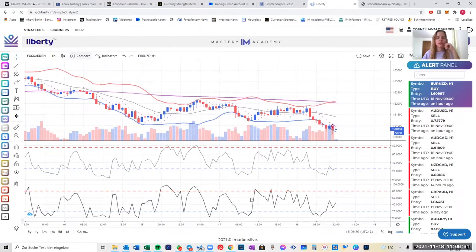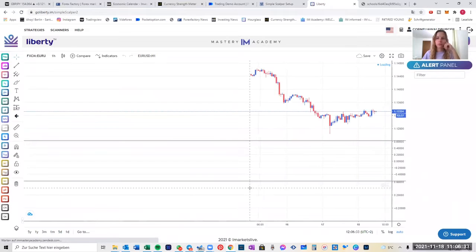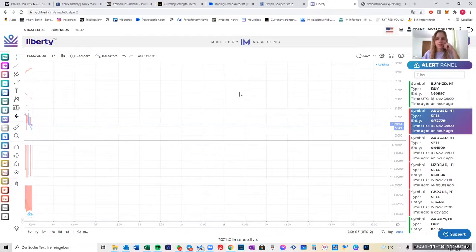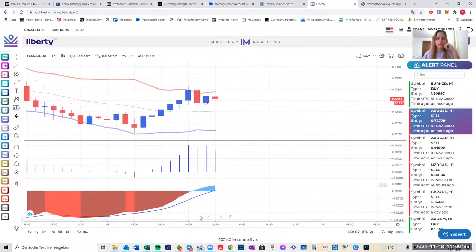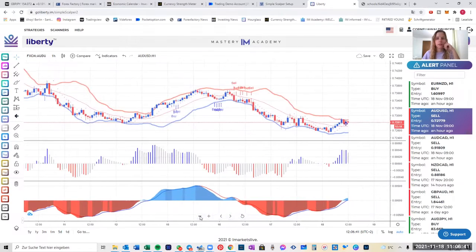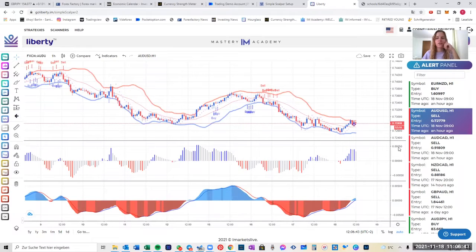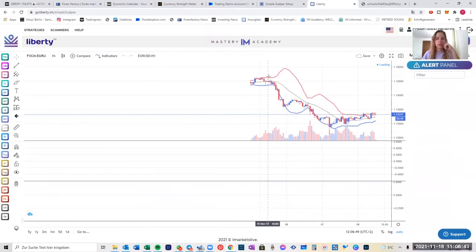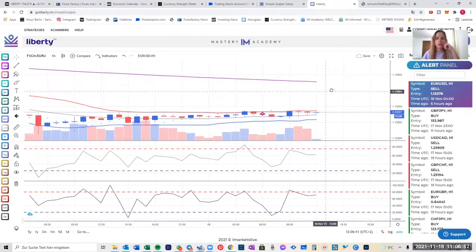We have here another scanner 2.0. You see, it's a little bit different, the look is a little bit different. I haven't found much about this, so I'm always activating just the normal standard strategy.